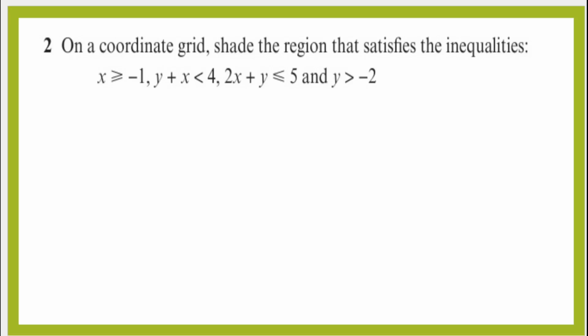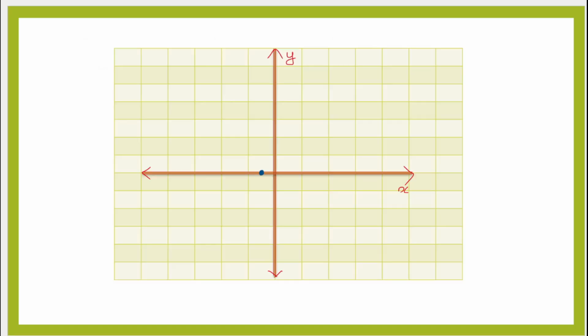Now on a coordinate grid, let us shade the region that satisfies the inequalities x greater than or equal to minus 1, y plus x less than 4, 2x plus y less than or equal to 5, and y greater than minus 2. Now sketch the graph of x equal to minus 1.